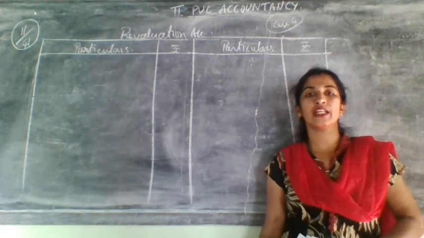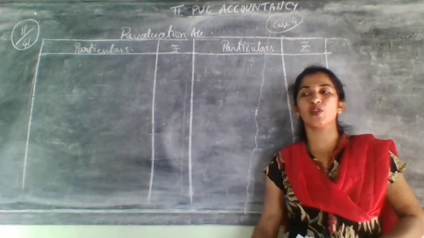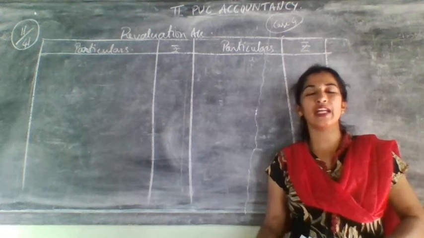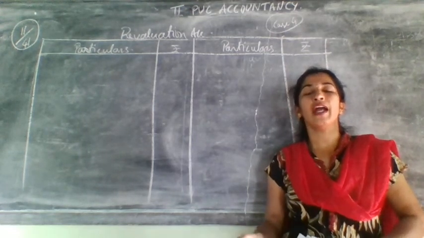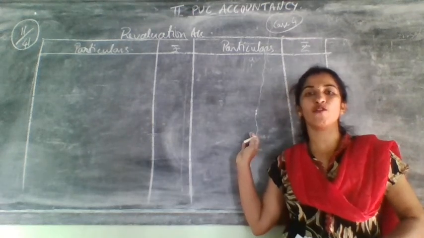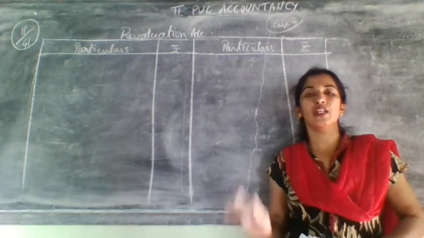When it was created, I told you the rule: for the distribution of created goodwill you require the old ratio, and for written off in case 4 you require the new ratio.